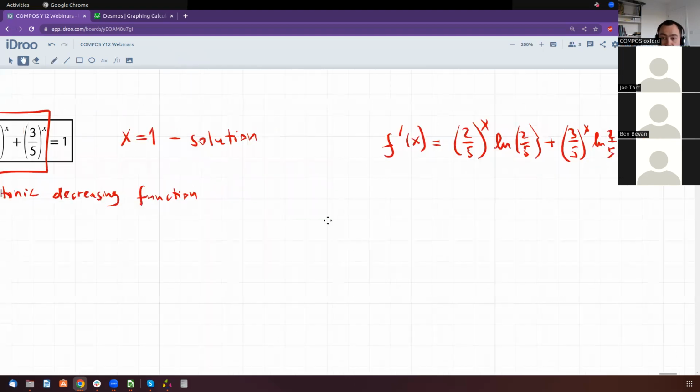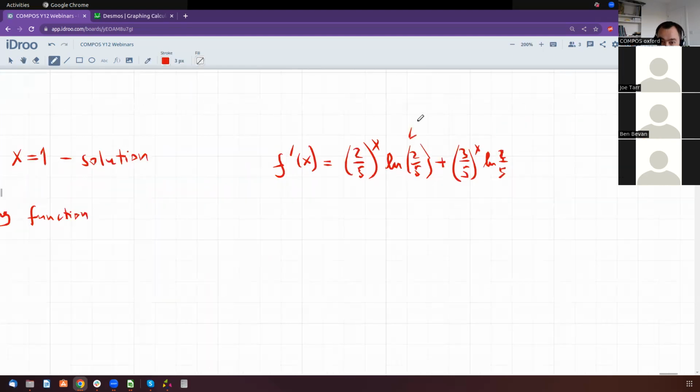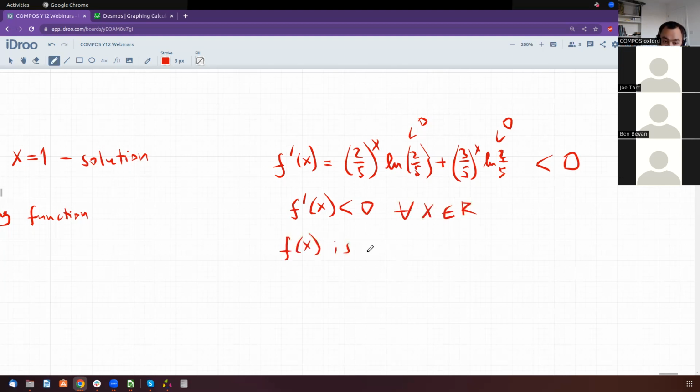And we know that ln 2/5 is negative, ln 3/5 is negative, so that's negative. So the derivative is negative for any real number x. Therefore, f of x is a decreasing function.